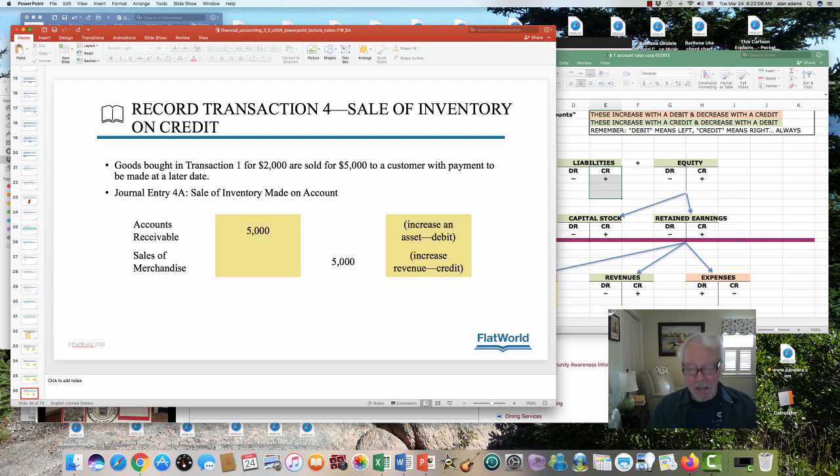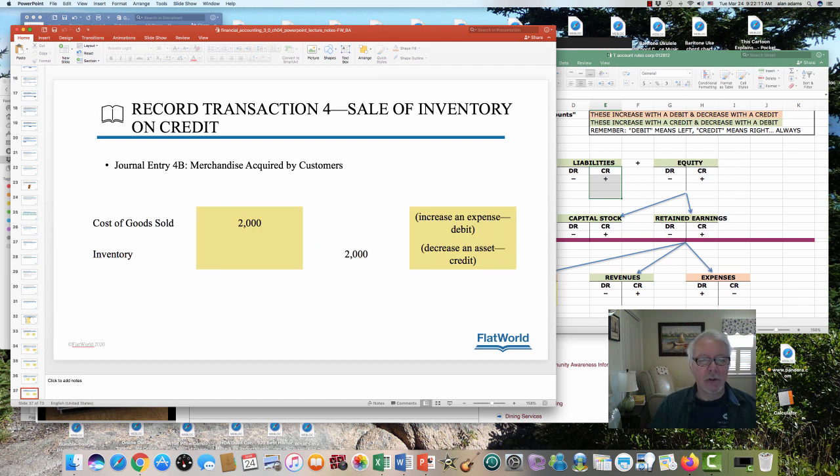All right, the second entry you have to make is to drag the cost of that inventory from the assets over to the expenses. Okay, and we call that specific type of an expense cost of goods sold. All right, by virtue of selling it, our asset has now become an expense.